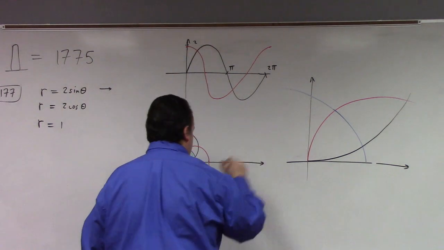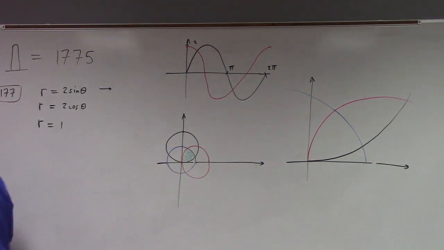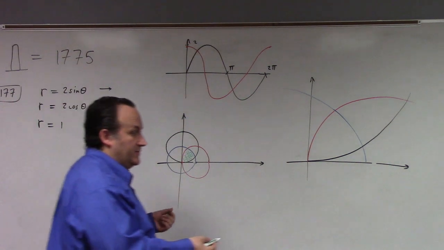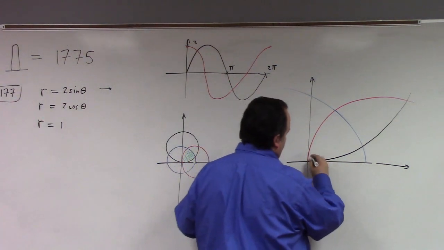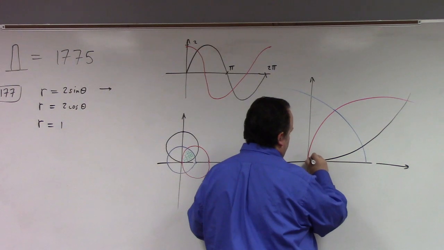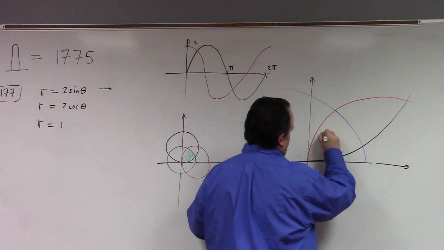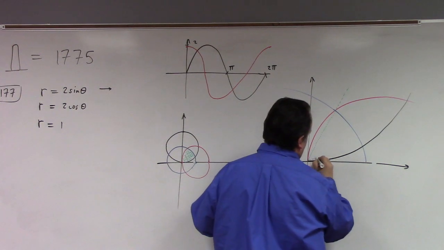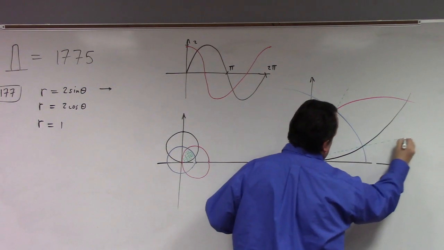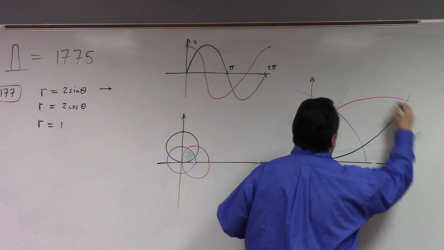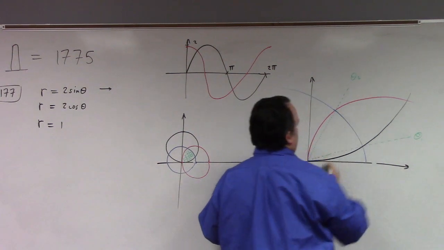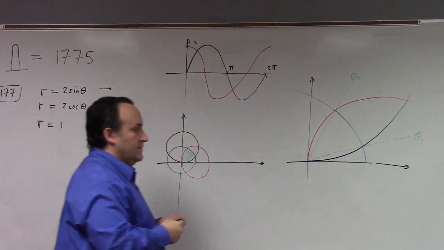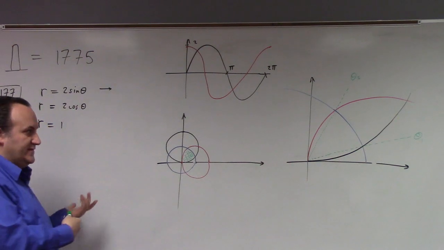So if you look at this region, there's different cases you've got to think about. If you draw a radial line from the origin out, let's call those theta 1, theta 2, the story's different. There's three different stories to tell here.